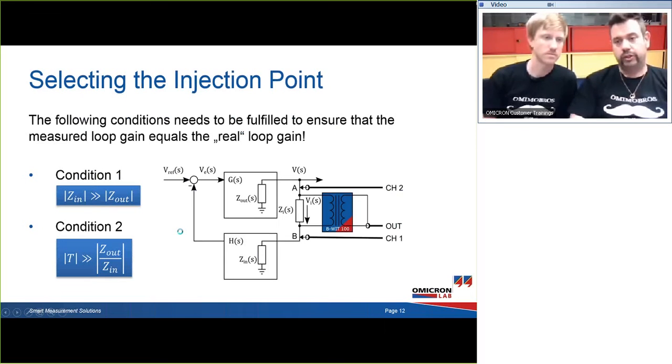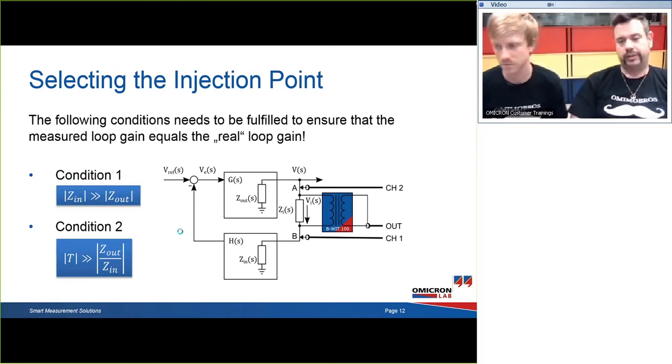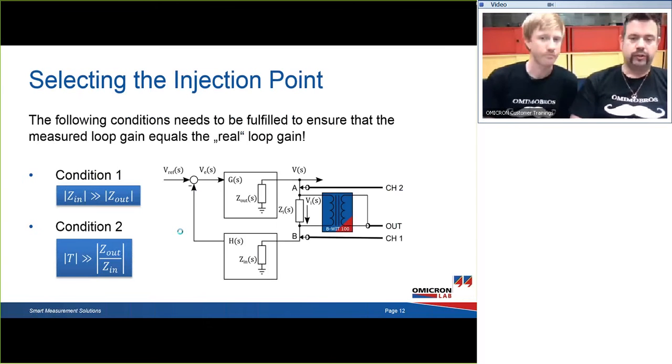There are certain conditions to select the correct injection point. In principle, we would be allowed to inject wherever we can in the feedback loop or in the entire loop, but it has turned out that certain requirements need to be met for this method to deliver correct results. The first condition is that the impedance where I inject the signal is significantly higher than the output impedance where I receive my signal back.